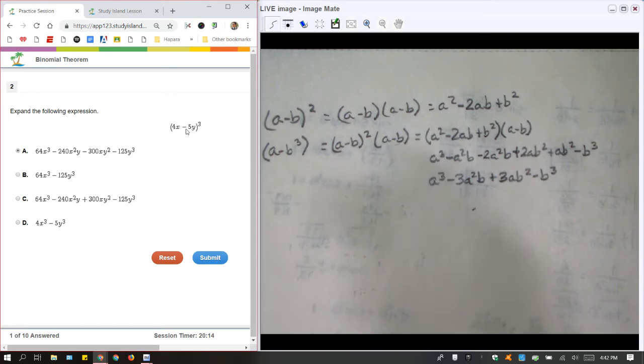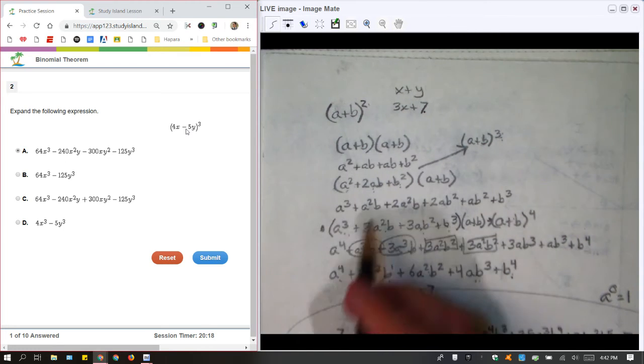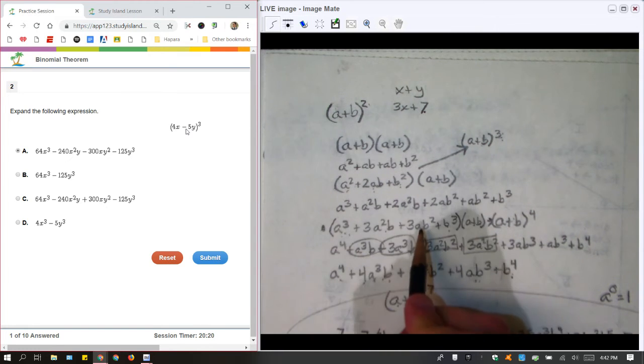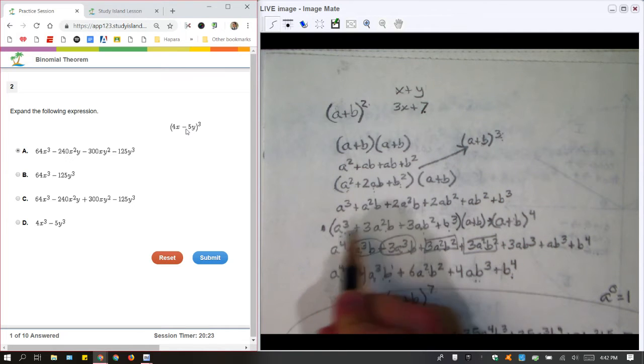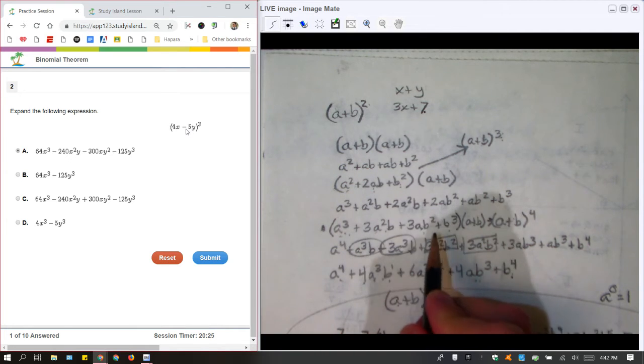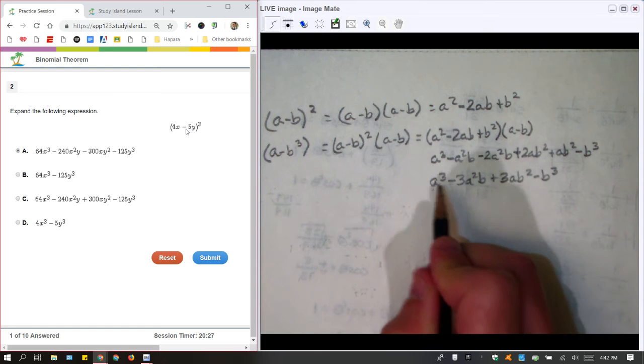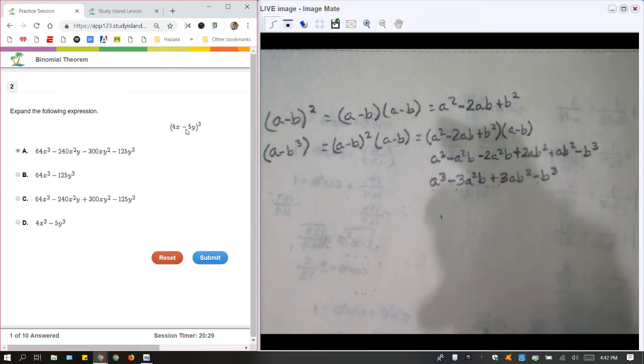Why am I showing that to you? It's absolutely no different than what we did before, except for the signs. That one was a positive and a positive and a positive and a positive. This one, positive, negative, positive, negative. And that's all it is.